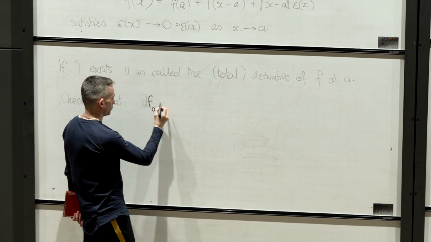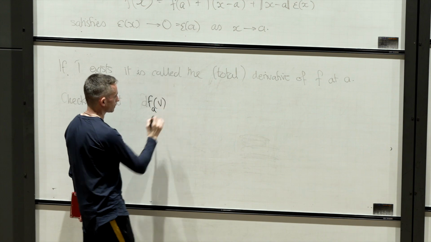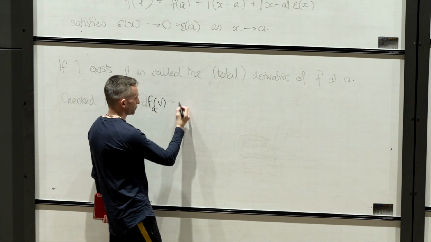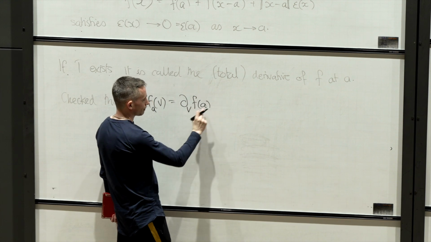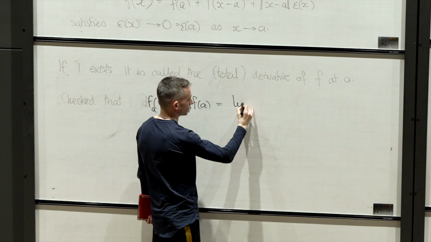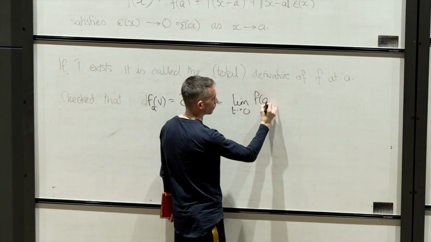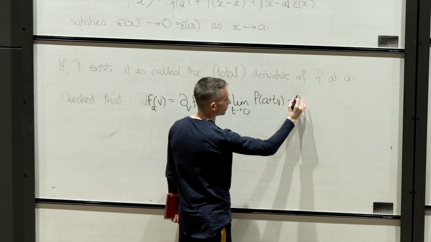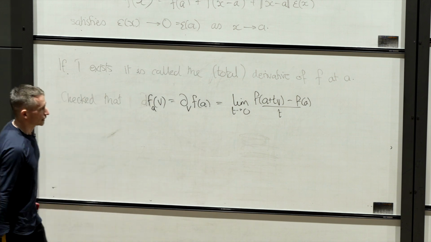Yes, df at some vector v is just equal to the directional derivative of f at a in the direction v. This was easier to define. It was just the limit as t goes to 0 of f of a plus t times v minus f of a, all over t.